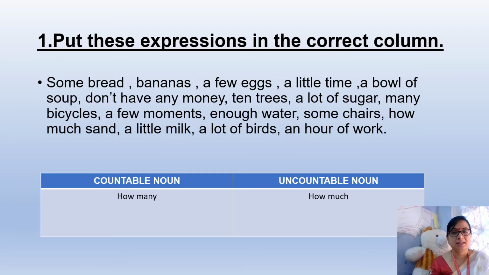Shall we start? Okay. Some bread. Yes, it is countable now. Bananas. Again, countable now. A few eggs. How many eggs or how much eggs? How many eggs? Again, countable now.